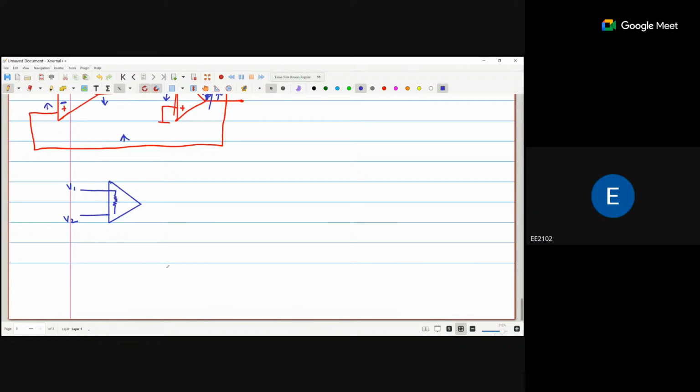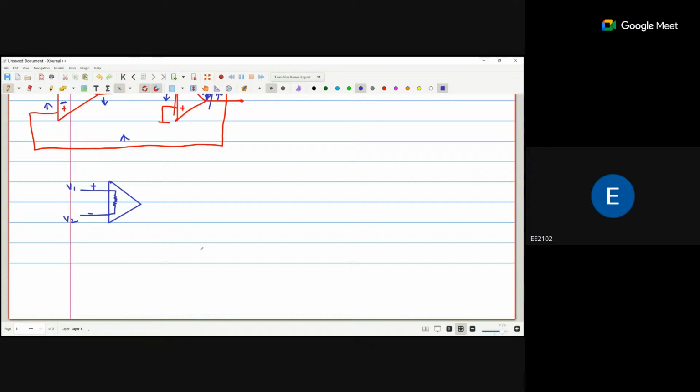One terminal is positive, one terminal is negative. You can switch these also, no problem. One terminal is positive, one is negative, because when we use the IC, the positive and negative terminals are fixed.